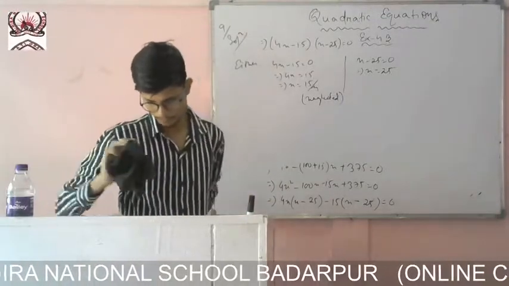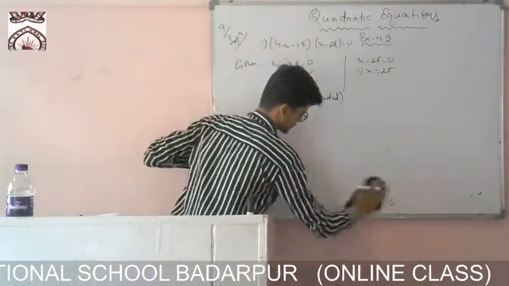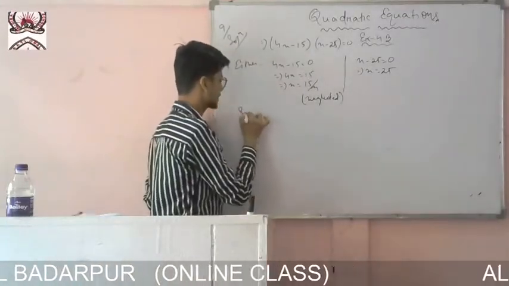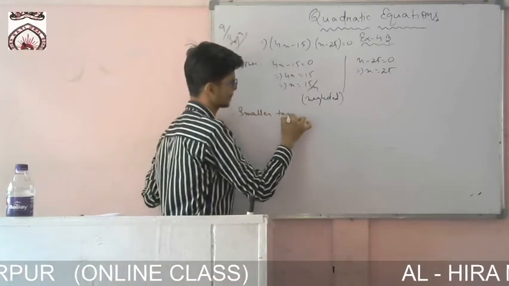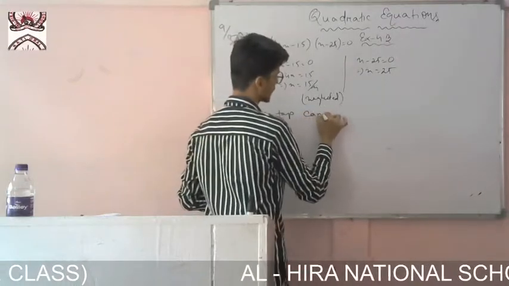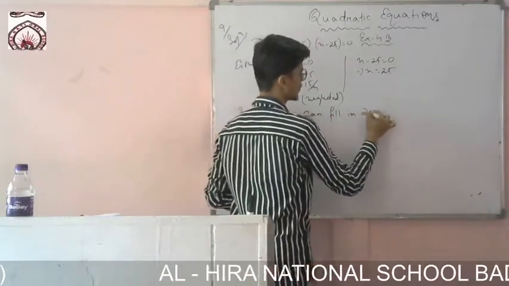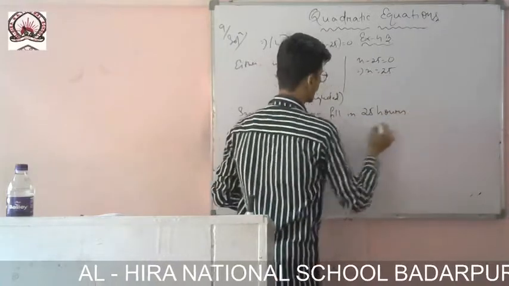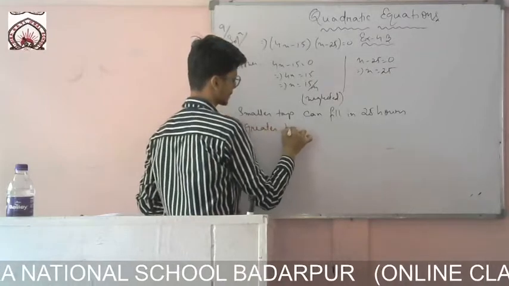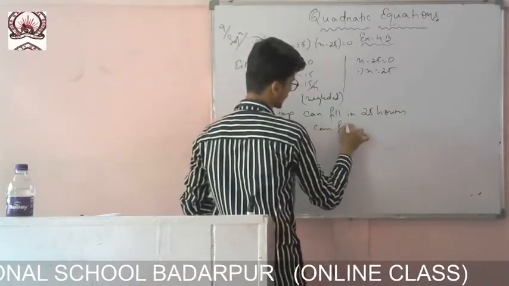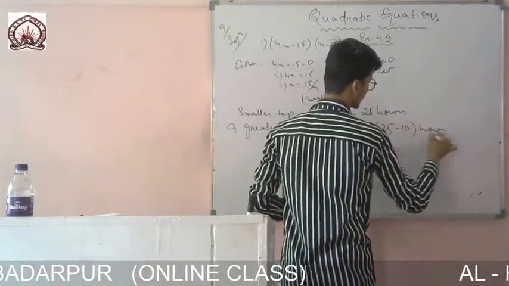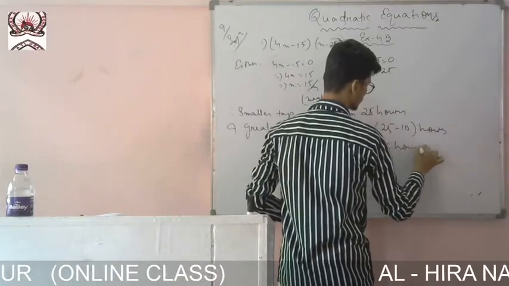So now I can find it. What we have taken as x is the smaller tape, so the smaller tape can fill in 25 hours, and the greater tape can fill in 25 minus 10 hours, which is 15 hours.